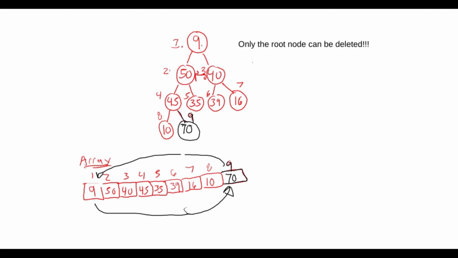It's also important to note how to get the left child and the right child of a tree parent. The left child is I times 2, and the right child is I times 2 plus 2.